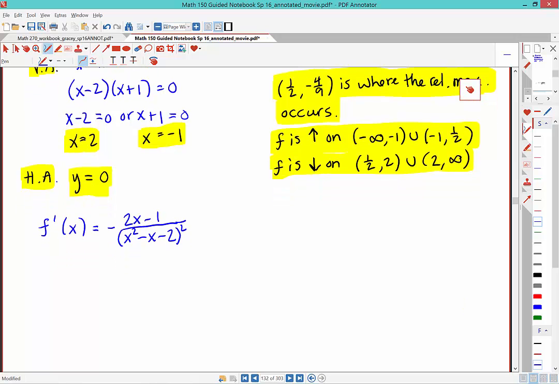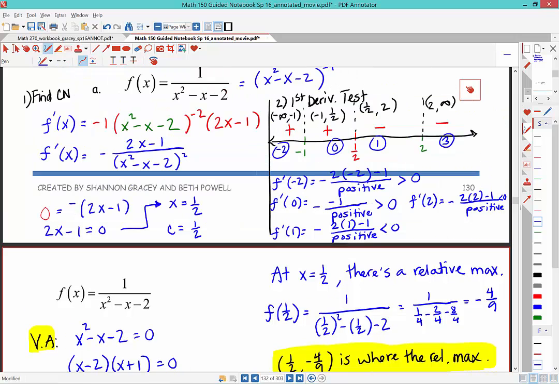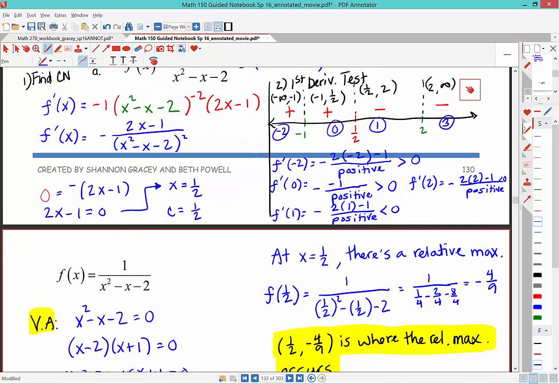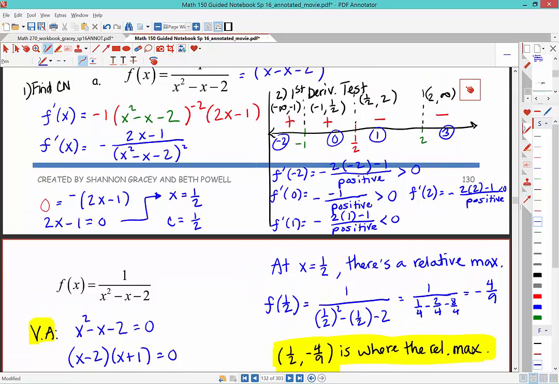So now we're going to deal with concavity, right? Part of our first derivative test, actually, in order to get all the values for our first derivative test, we did this vertical asymptote business second.